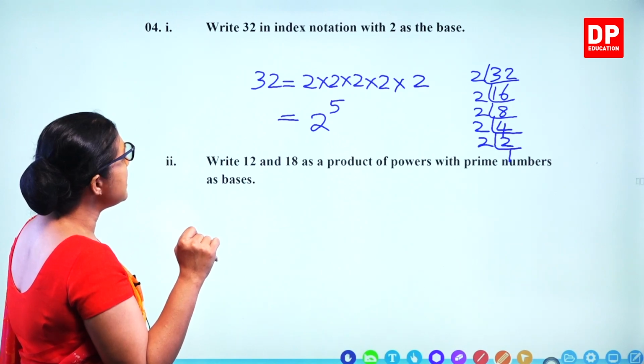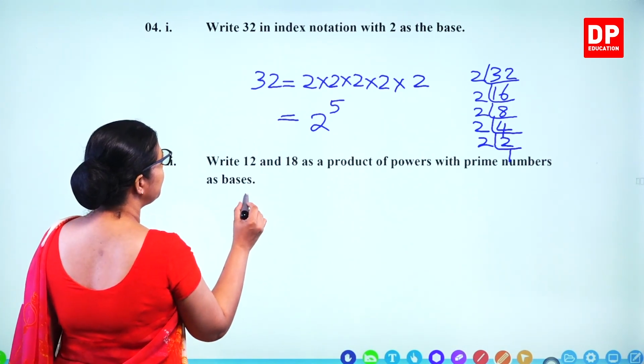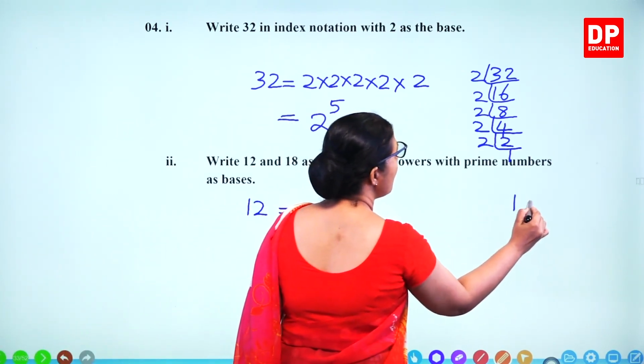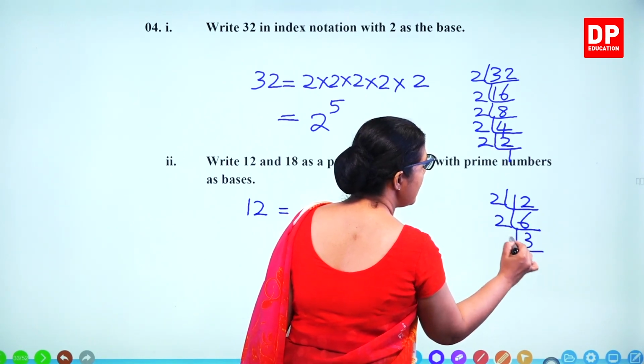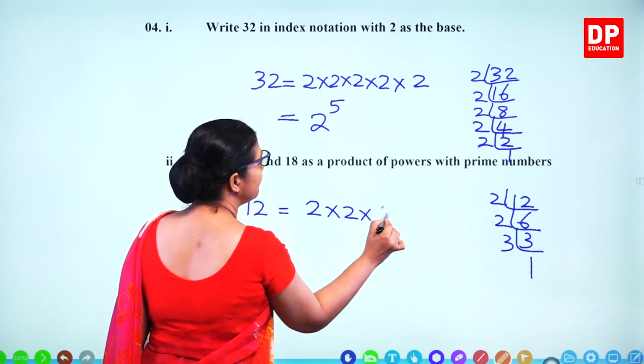Write 12 and 18 as a product of powers with prime numbers as bases. 12. How can you write 12? Divide by 2, that's 6. Divide by 2, that's 3. So 2 times 2 times 3.